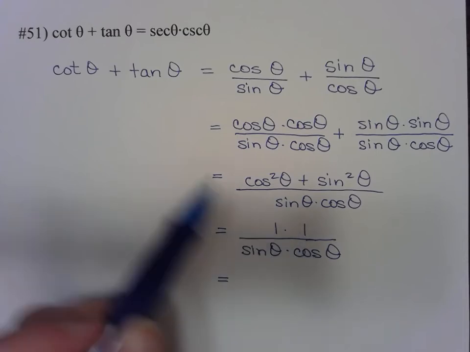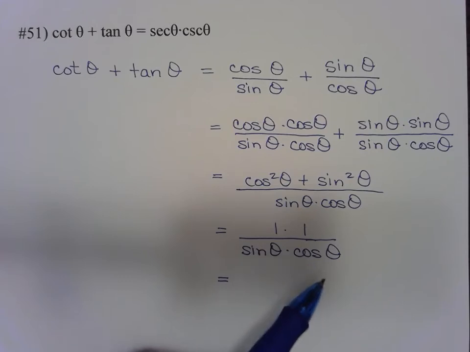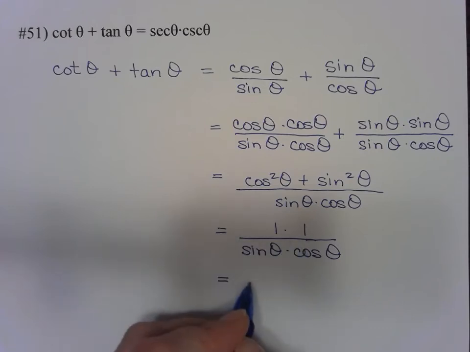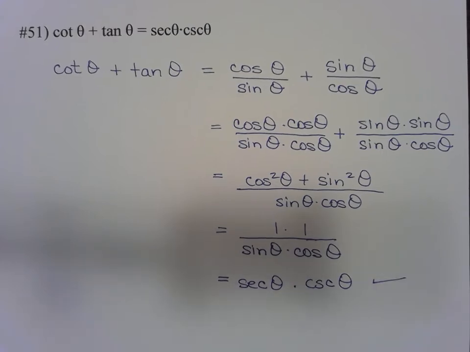Actually, I'm shooting for this, so let's do 1 over the cosine. They're multiplied, so I can switch the order. 1 over the cosine would be the secant of theta, and 1 over the sine would be the cosecant of theta. So I've done it.